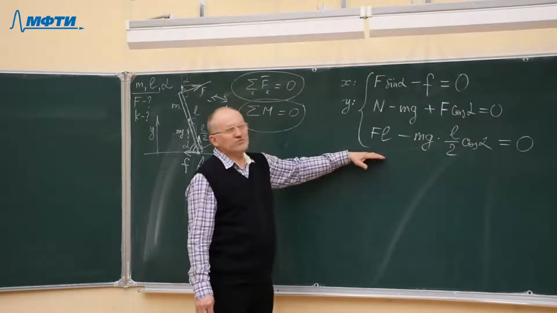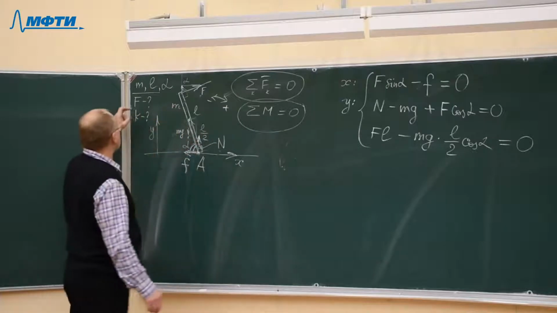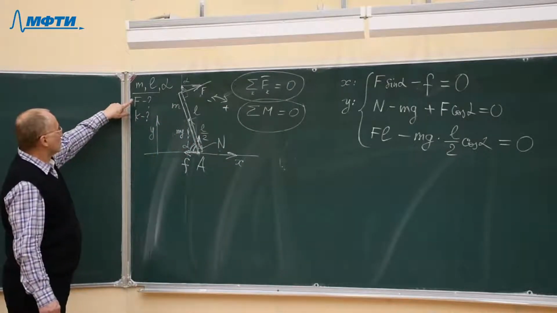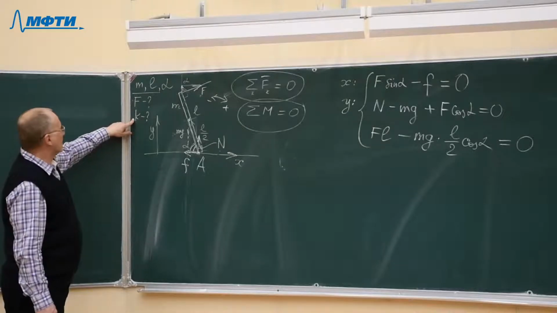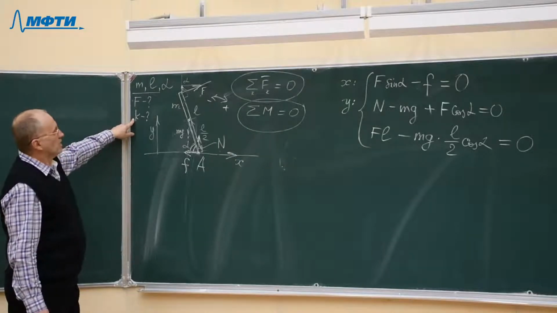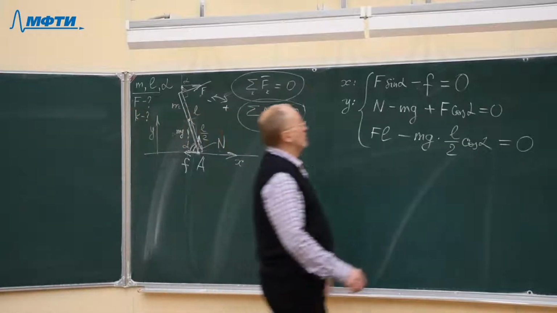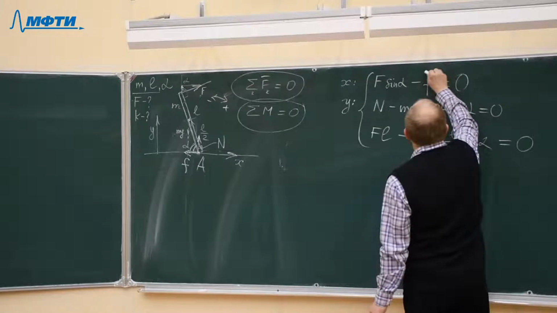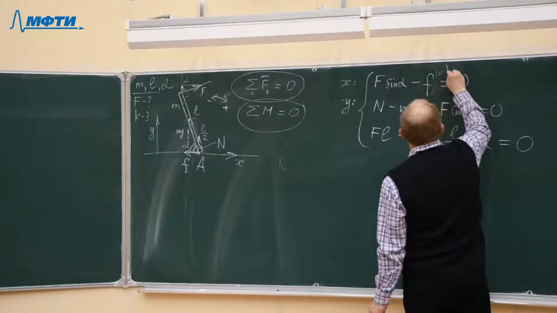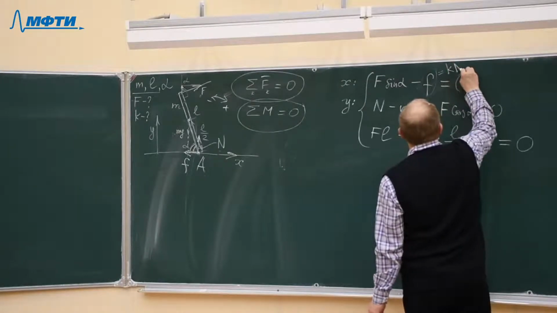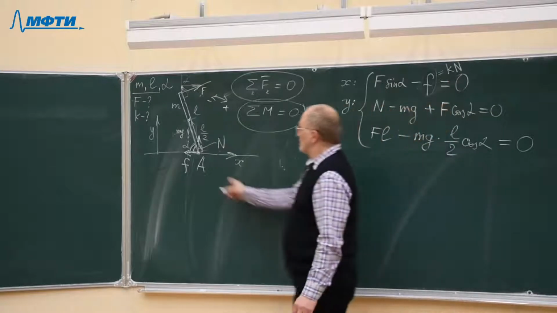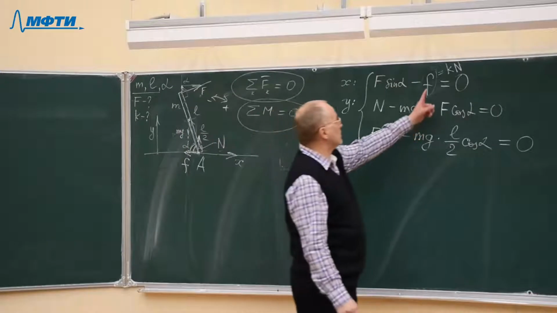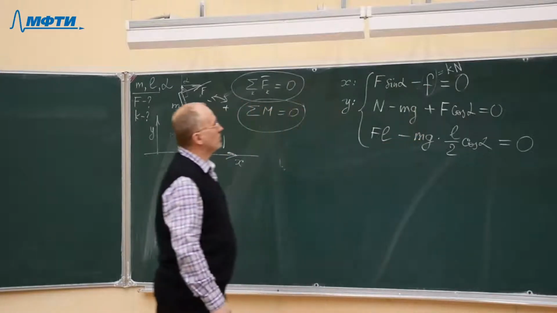What do we need to find? We need to find two unknown variables, the force and the coefficient of friction. The coefficient of friction will be taken into account in the force of friction, which by definition is the coefficient of friction times the force of normal reaction N. So the coefficient of friction will appear in this term.